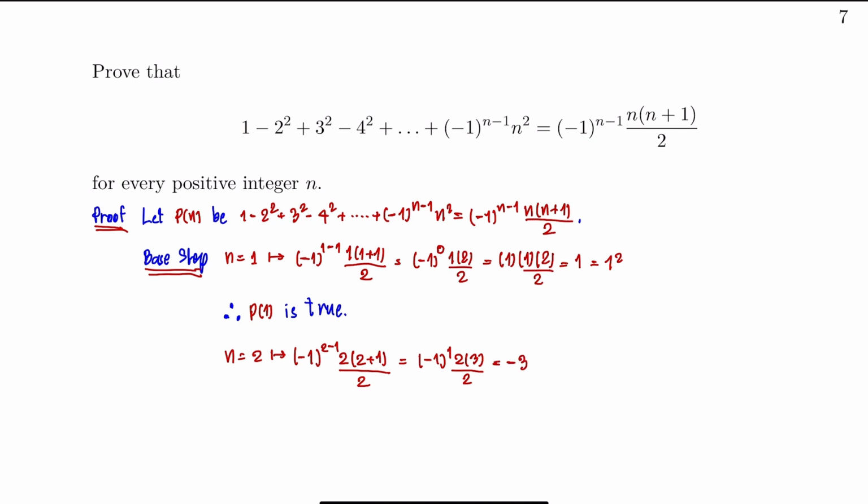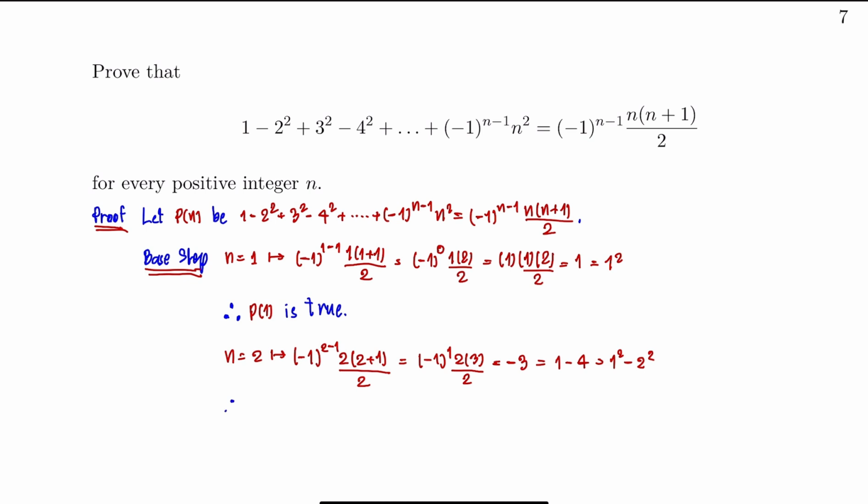So what is this minus 3? Minus 3 is 1 minus 4, which is 1 squared minus 2 squared. That's it. So when n is 2, we have the first 2 terms.